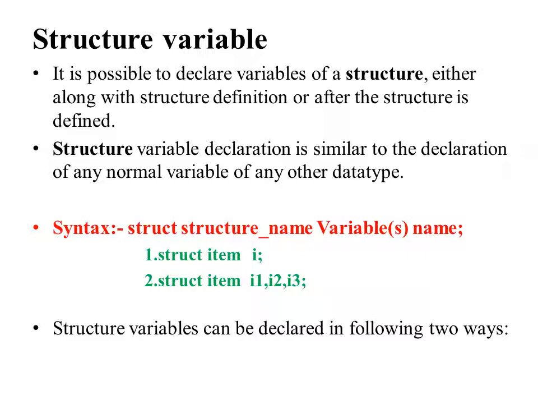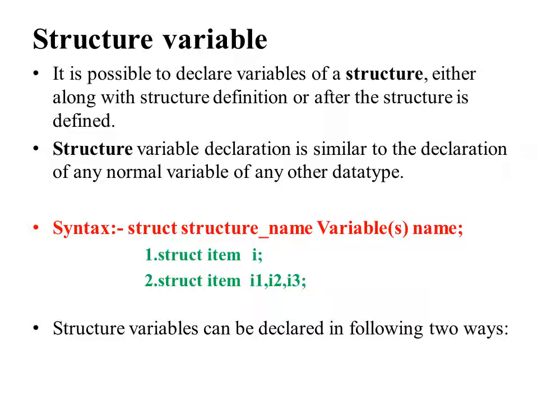It is not compulsory that a structure has only one variable; it may consist of a number of variables, and that's why we can declare in another way: mention the keyword struct, then the structure name item, followed by i1, i2, i3.